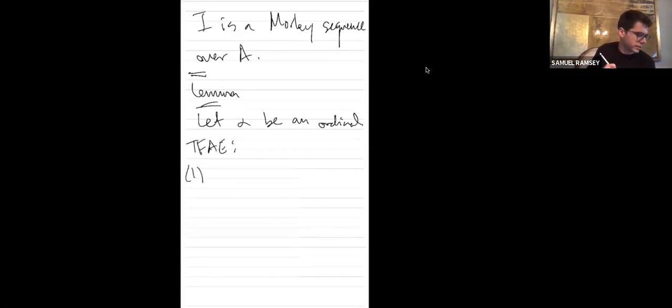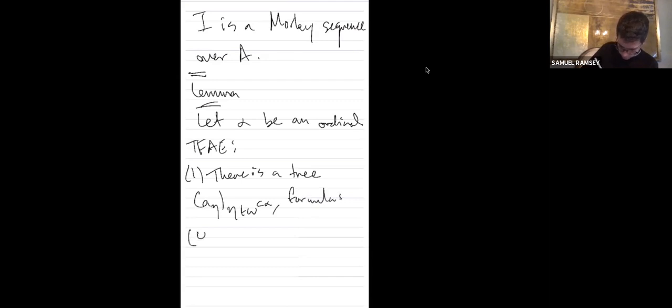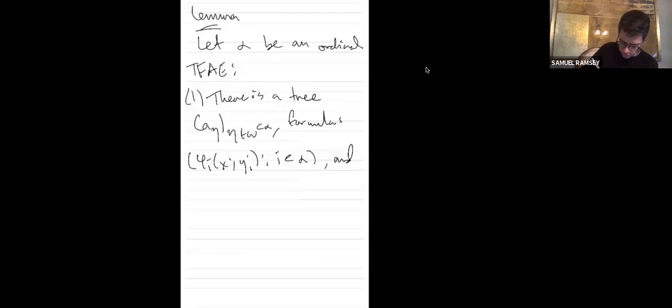One: there is a tree, eta in omega to the less than alpha, formulas phi_i(x, y_i), i < alpha, and numbers k_i, i < alpha, such that two things happen.